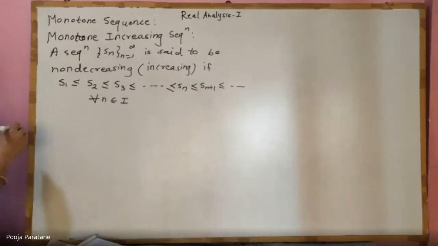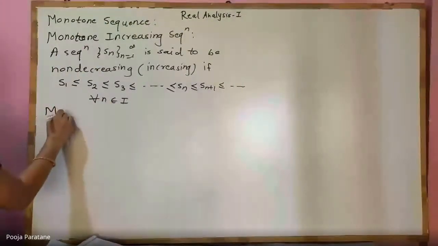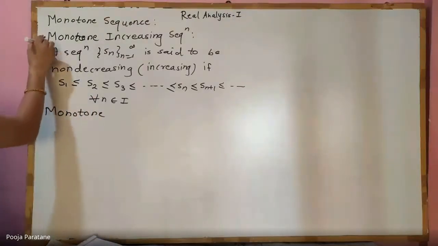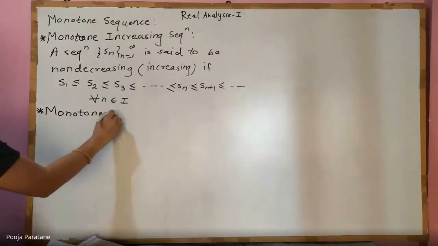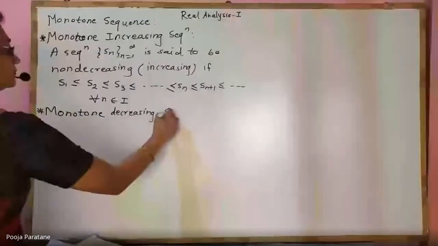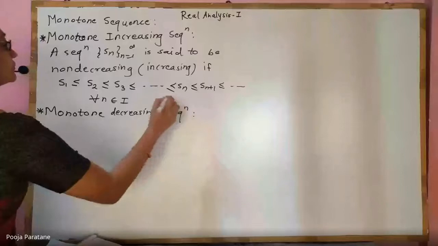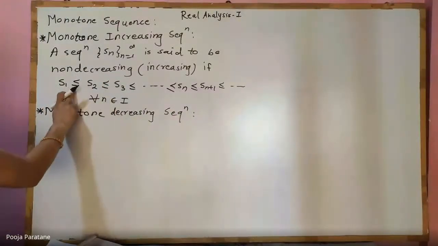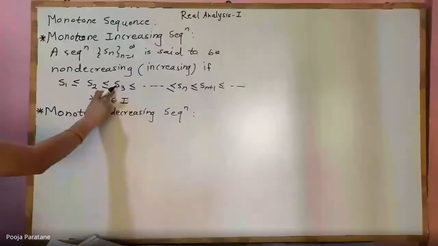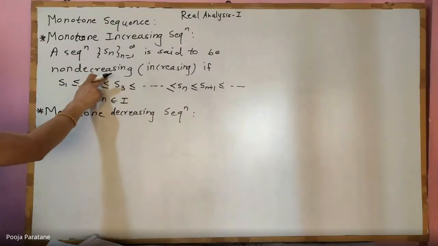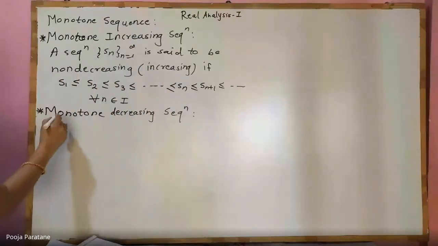In the same way we can define a monotone decreasing sequence. Just the change here: S1 is greater than or equal to S2 is greater than or equal to S3 and so on. Here you will get non-increasing, that is decreasing.